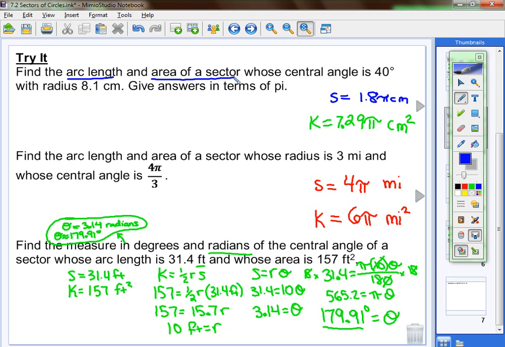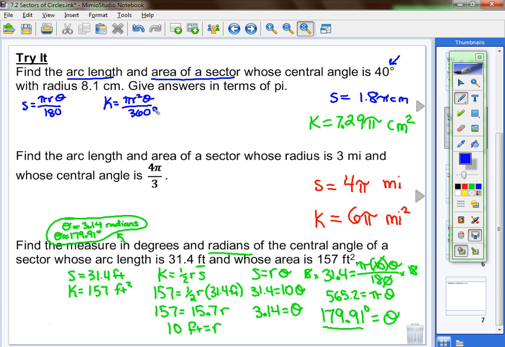We are dealing with degrees, so we need the formula arc length equals pi r theta over 180. And we need area equals pi r squared theta over 360 degrees. And then we just fill in the information.